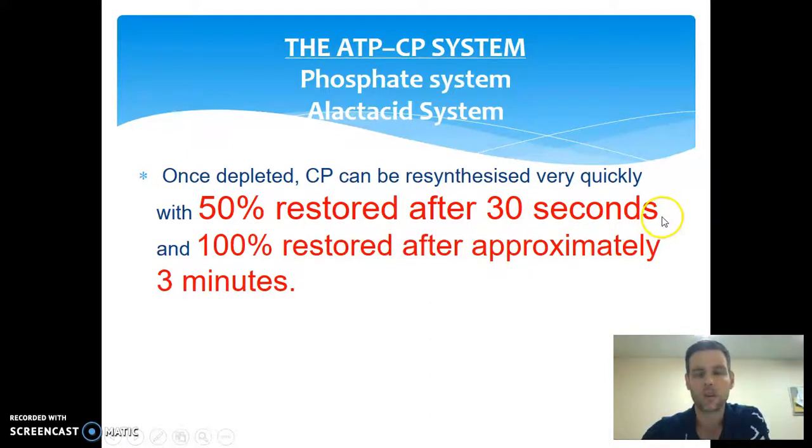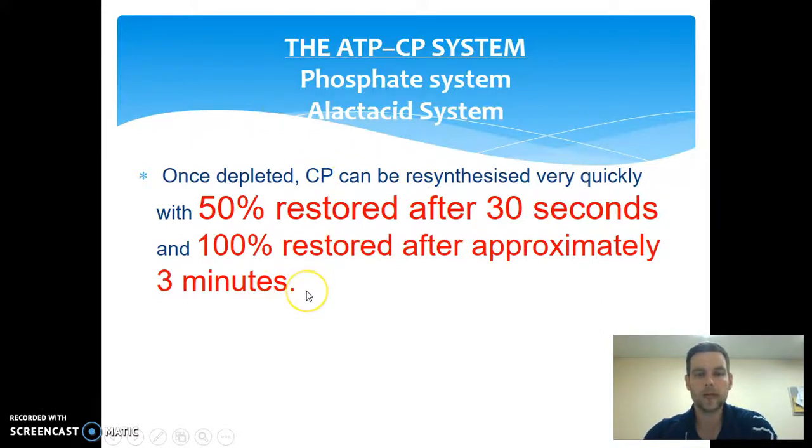Now it's important to know that it must be rest. We can't do an active recovery, active recovery being where we're walking around or moving. After approximately 3 minutes of rest, you'll see here that we can restore close to 100% of these CP stores.